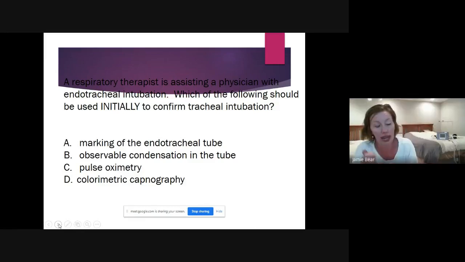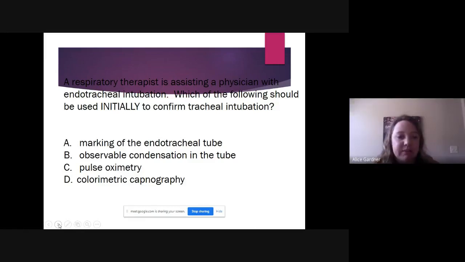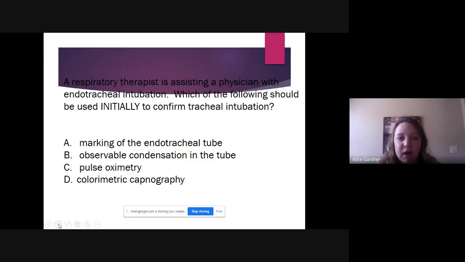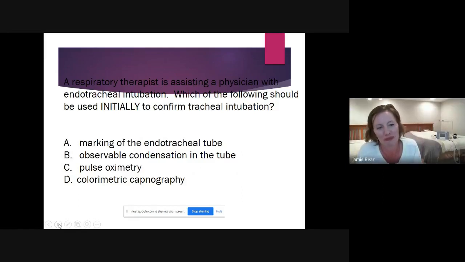Jamie, real quick on this one. I had a very similar question, but one of the choices was condensation in the tube, and I think instead of pulse ox there was observed chest rise. I was really torn between capnography and chest rise. Well, generally you put that easy cap on before you even bag. Yeah, that's true.